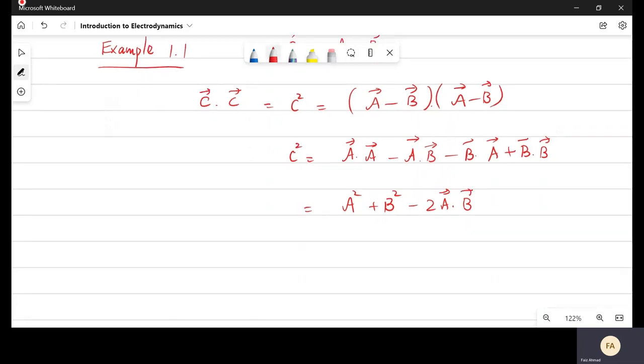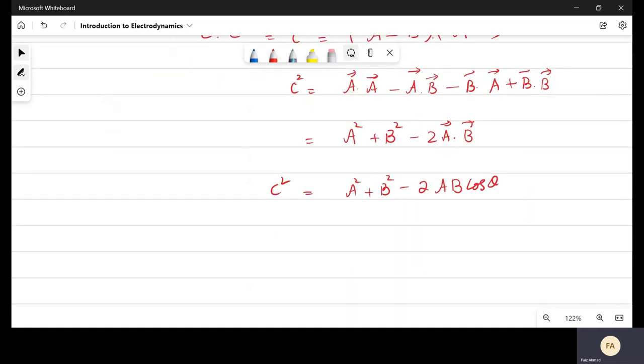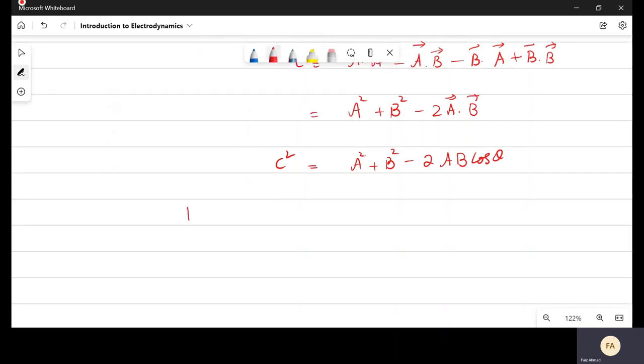And it will turn out C square is equal to A square plus B square minus 2AB cosine of theta, and this is the law of cosines.